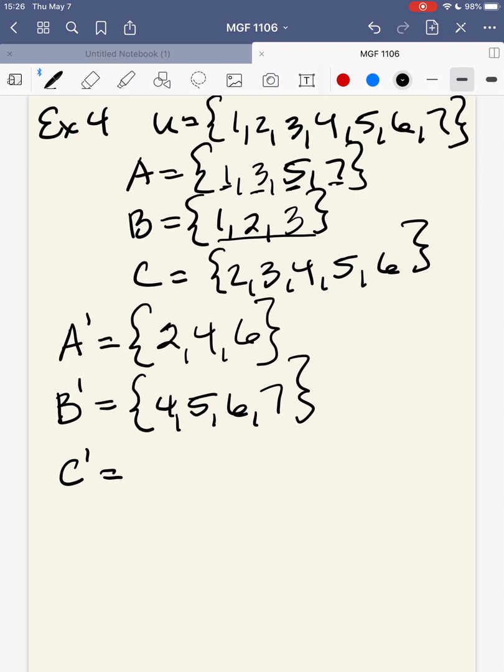All the elements that are in the universe but not in C. Okay, I only have 2. I have 1, because there's no 1 here, as we start off with 2, and 7. Okay, so that's what a complement looks like.